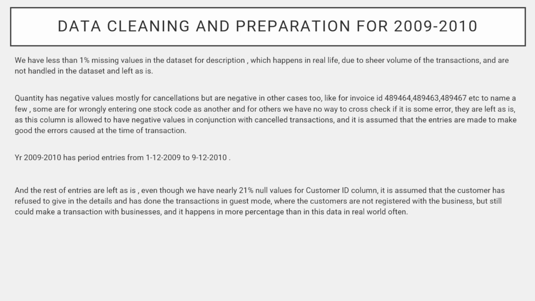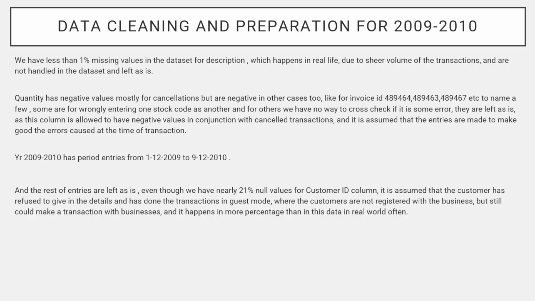And then year 2009 and 10, what exactly are the entries we are dealing with over here? And it is from 1 to 2009 to 9/12/2020. And also in the quantity, there are negative values which is expected if they are cancellations. But there are also certain entries which are not cancellations, but we do have negative values in the quantities.